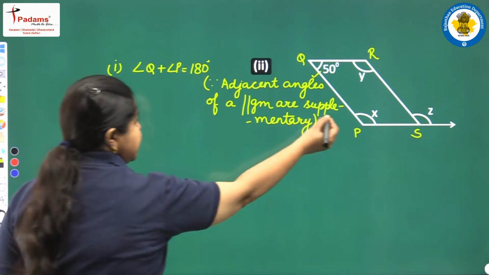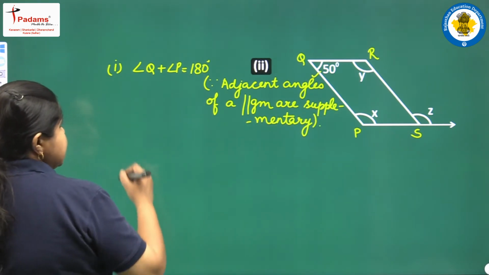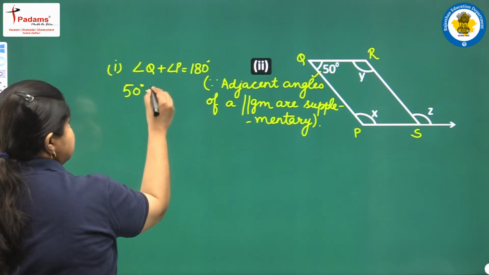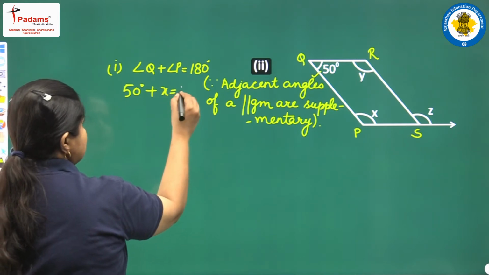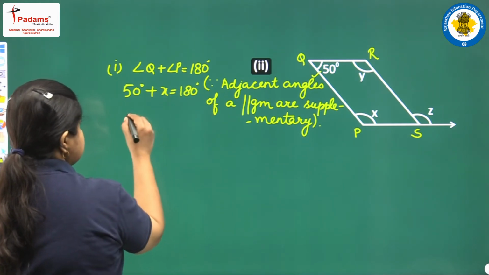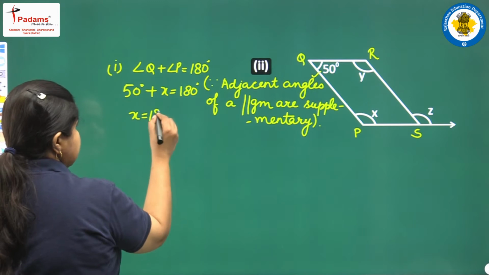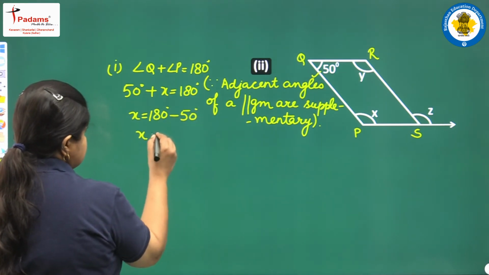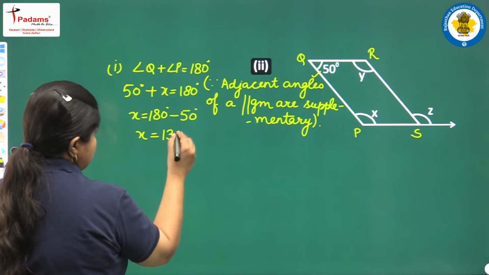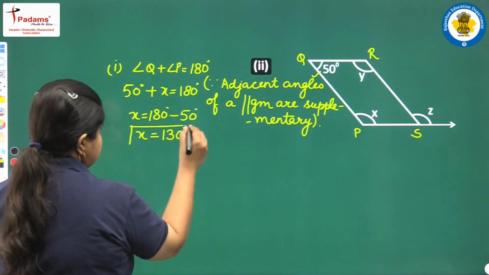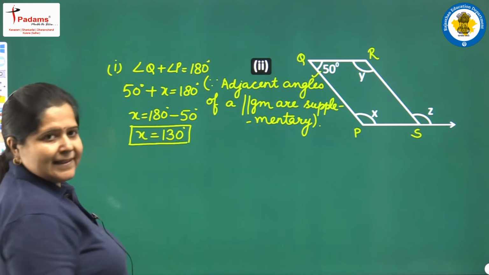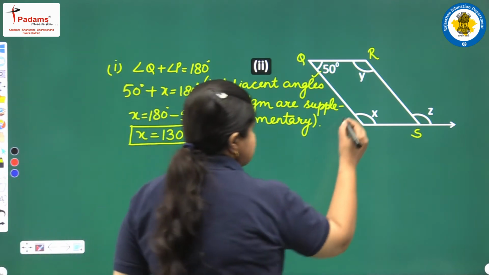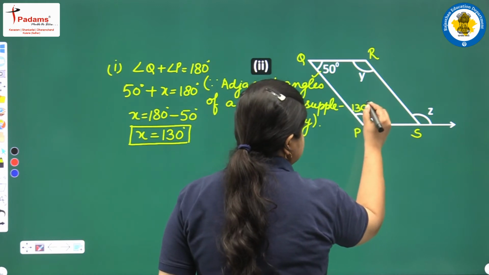Then this will give us Q is 50 degree and P is X equal to 180 degree. This gives us X equal to 180 degree minus 50 degree, and this X gives us the value 130 degree of itself. This is the first value that we have found. Let us write it here also, 130 degree.